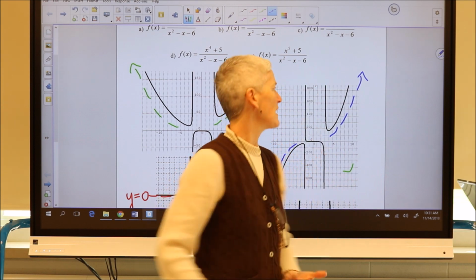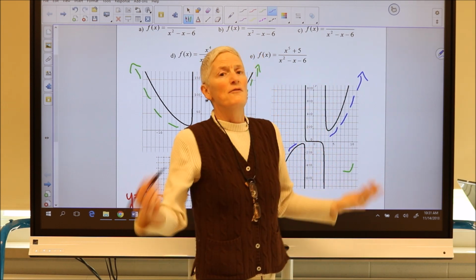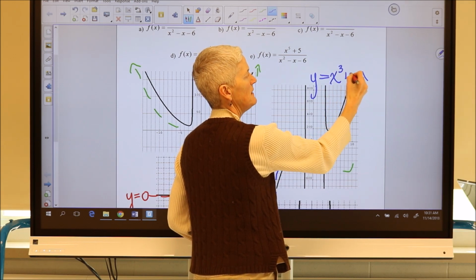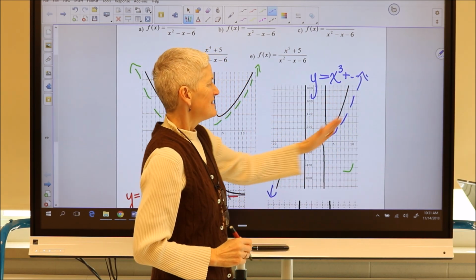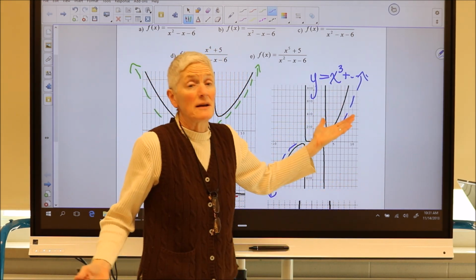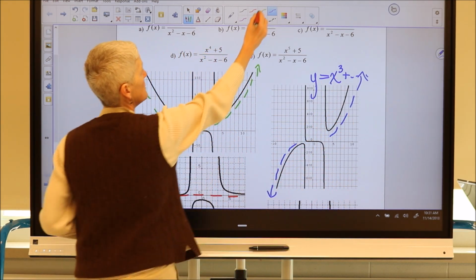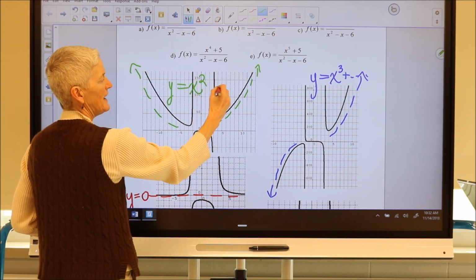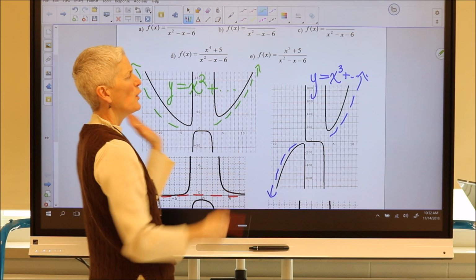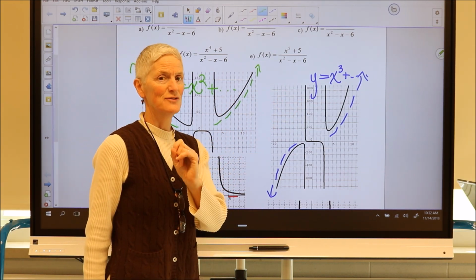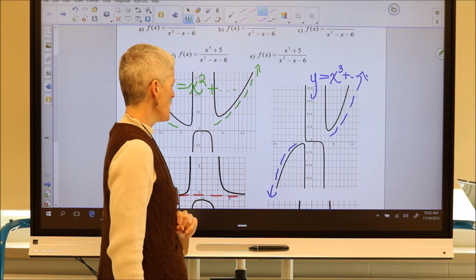Yes, a cubic, or an x to the 5th, or an x to the 3rd, or something like that, right? So this end behavior is going to be described by perhaps a cubic. This end behavior is going to be described by perhaps a quadratic. I don't know their specific equations, although we'll talk about that in a little bit.